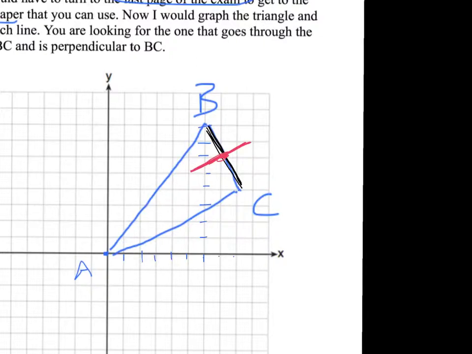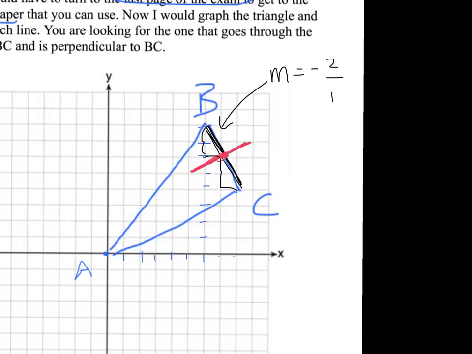And I know it exactly goes like this because I can figure out the slope of BC. The slope of BC is down 2 over 1. So that's the slope of BC.